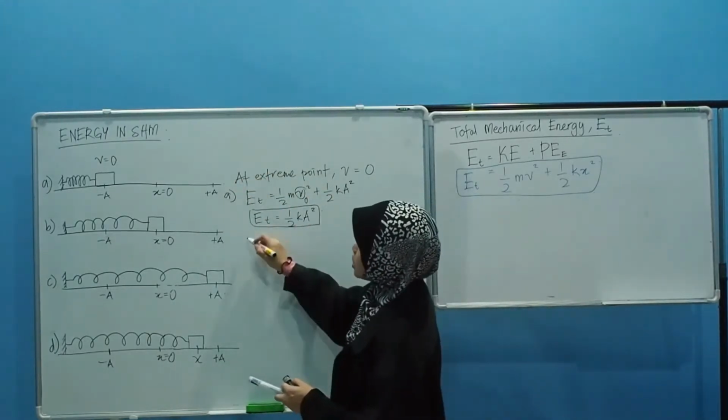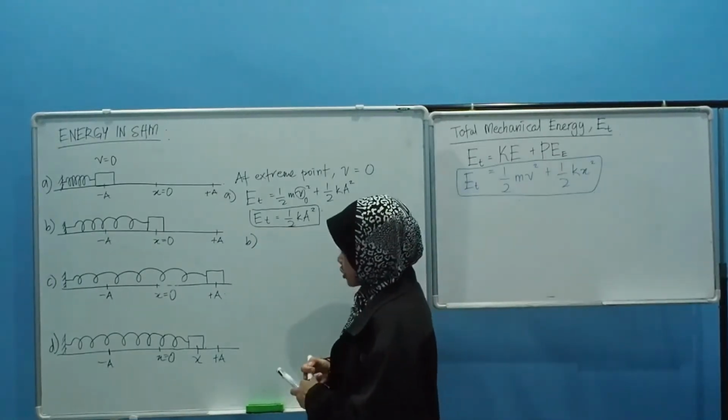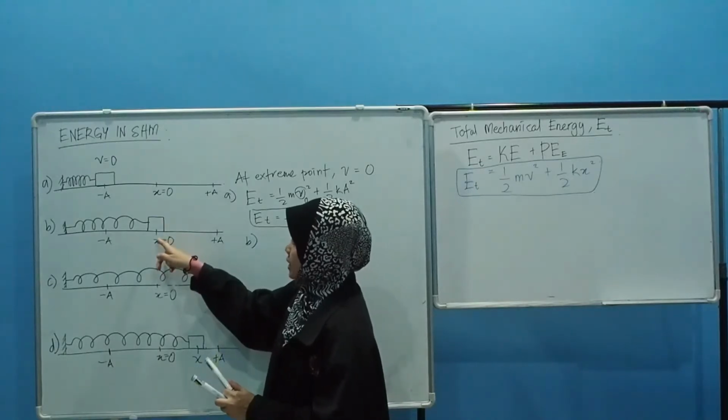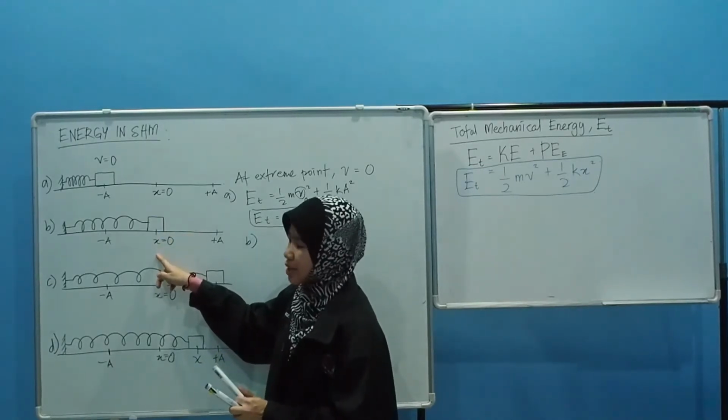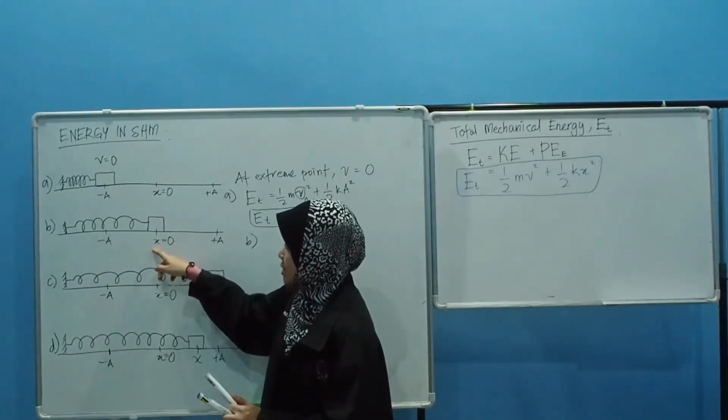And then the explanation for B. Look at the position of the object. The position of the object is at equilibrium condition. It is at the equilibrium point, x is equal to 0.